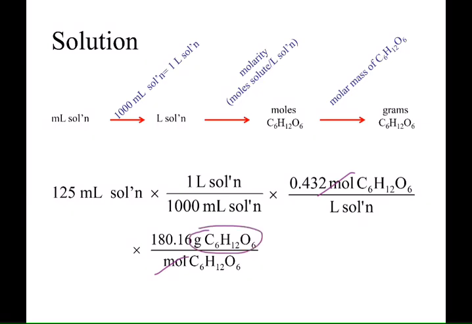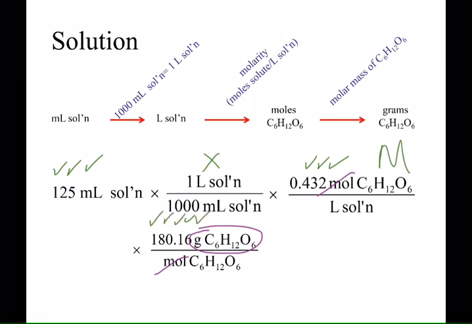How many sig figs are we allowed in our answer here? 3, because I got 3 sig figs here. There's no uncertainty introduced here. There is uncertainty in the molarity, and there actually is uncertainty in the molar mass, but we have 5 here.